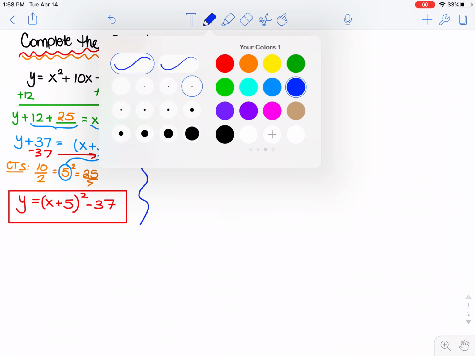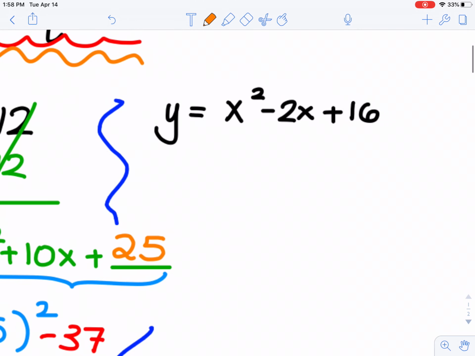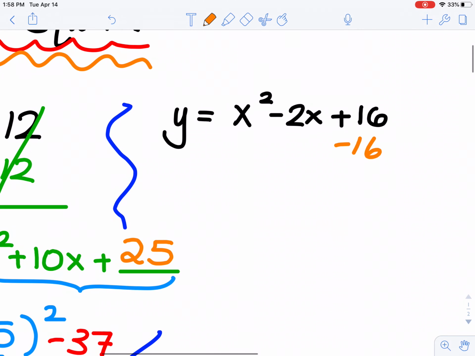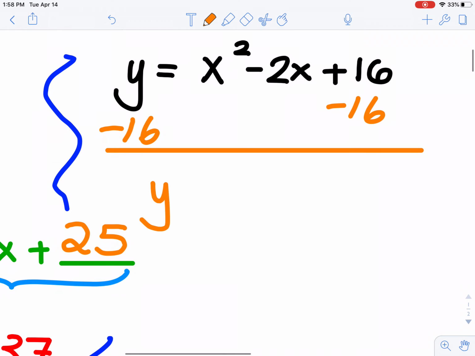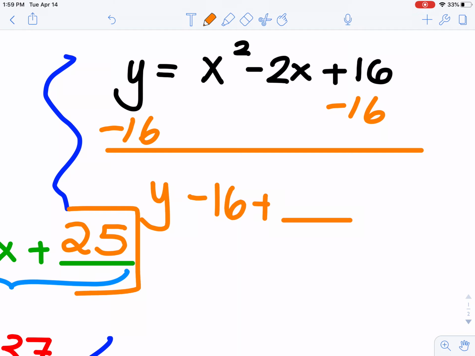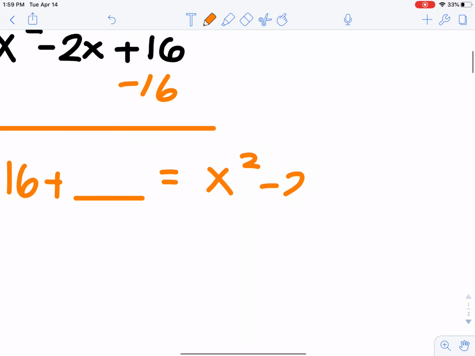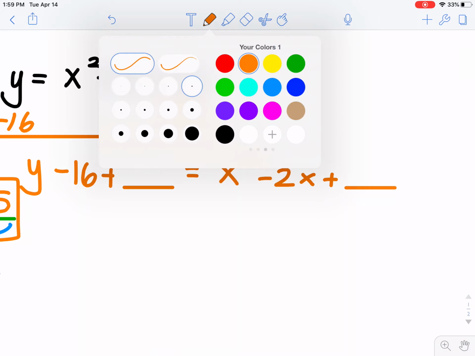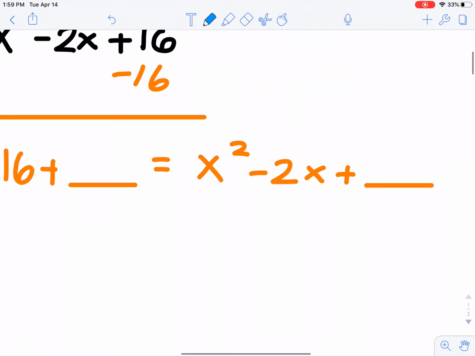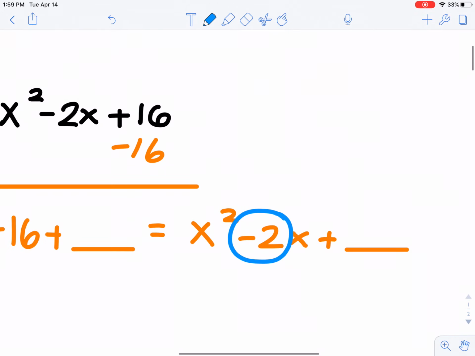Okay, so we're going to once again start subtracting over the 16, or whatever that constant is, and put in blank spaces. So y minus 16 plus blank, okay, equals x squared minus 2x plus blank. Next step is to complete the square. Take the middle term, -2, we don't need the x, just -2 divided by 2.